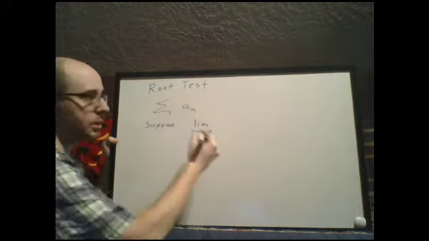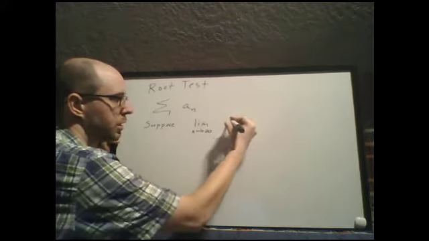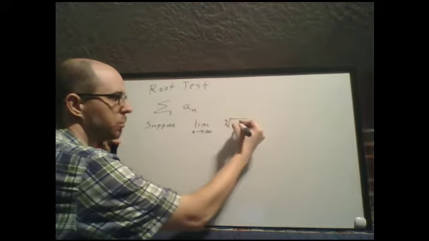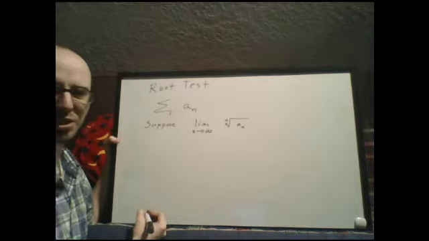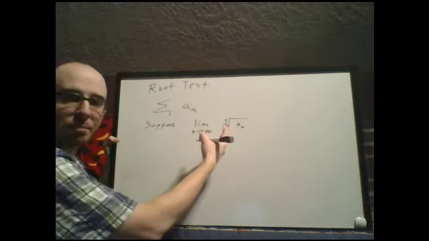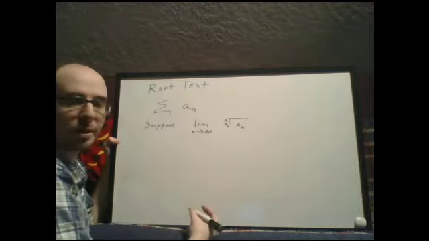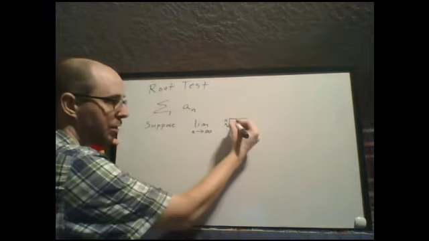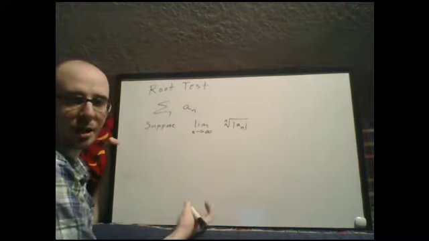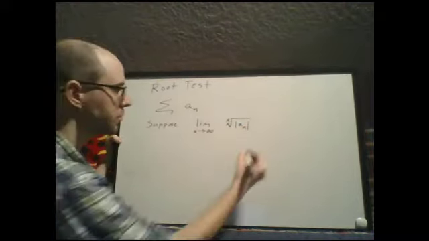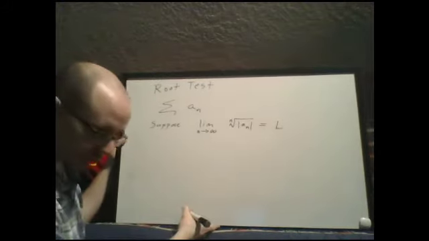For the root test, we look at the limit of a certain root. It's the nth root of an, and to make sure it works, as n changes, sometimes this is a square root, sometimes it's a fourth root, even root, or odd root. To make sure it works for all n, we have to put absolute values around the an to make sure the inside's positive, so the root makes sense. We look at this limit, and we suppose that it's equal to L.